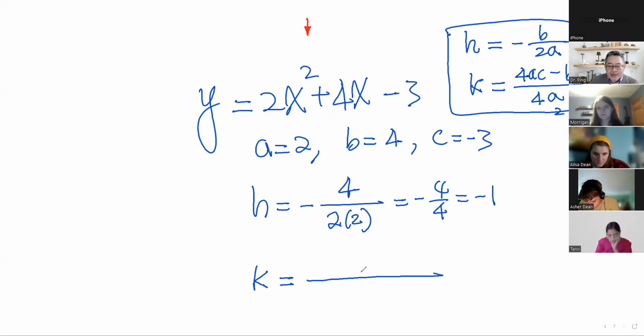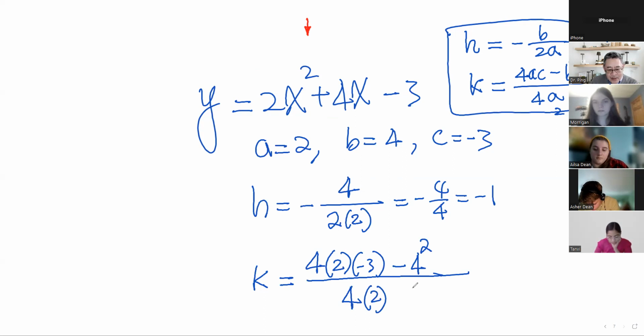Okay, so we got H. For K, our A is 2 and our C is -3. That's our 4AC, minus B squared. B is 4, so 4 squared, and the bottom is 4A, 4 times 2. The top gives us 4 times 2, 8, times -3, that's -24, and 4 squared is 16.